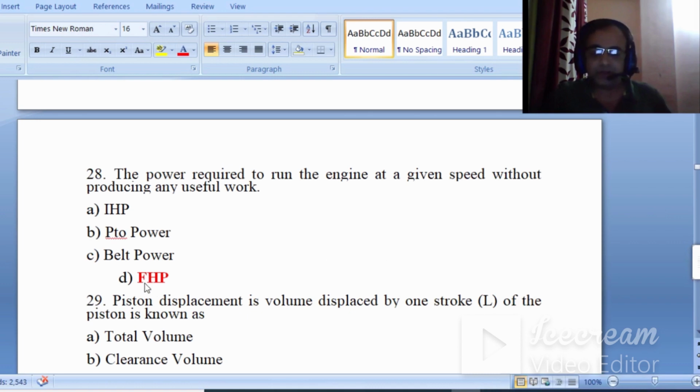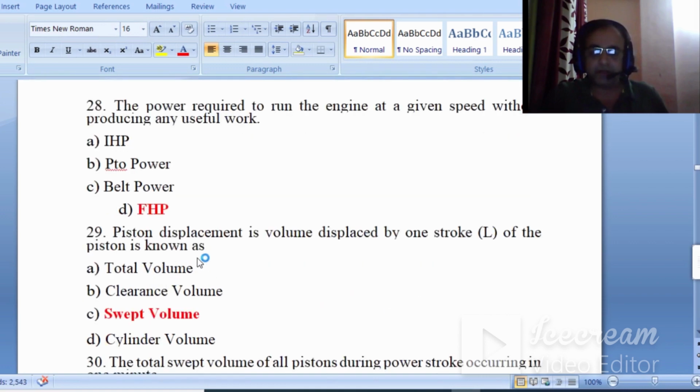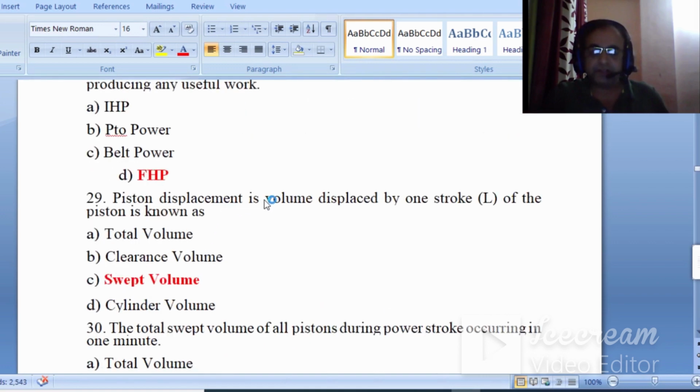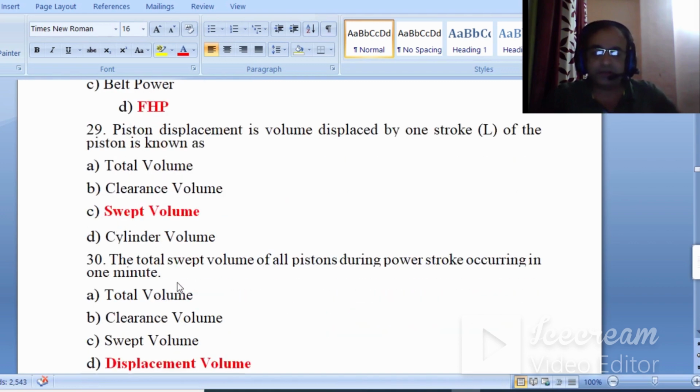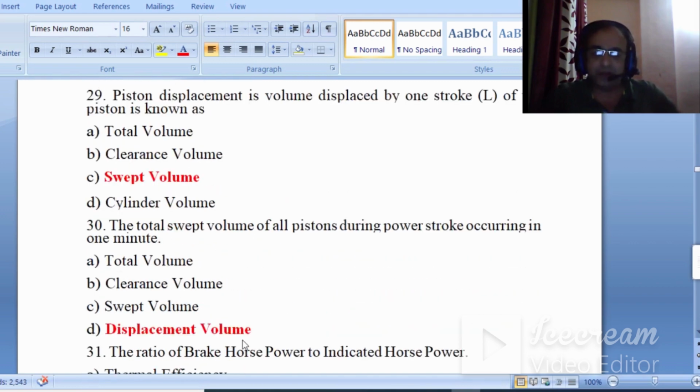That's why it is called FHP, frictional horsepower, or simply frictional power. Then the next is piston displacement, the volume displaced by one stroke, or stroke length, denoted by capital L of the piston, known as the swept volume. In the next question, you should understand the difference between swept volume and displacement volume.